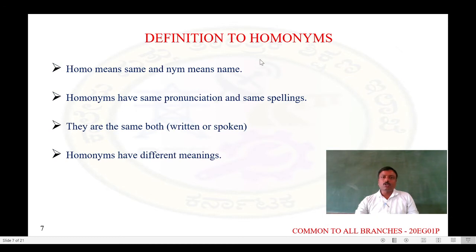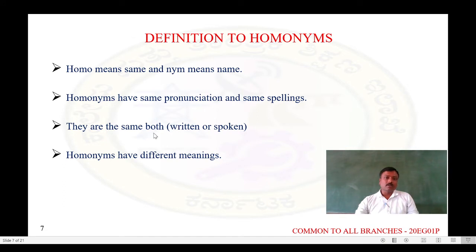Next, definition of homonyms. In the previous slide I have already explained the meaning of homonyms. Homo means same and nym means name. Homonyms have the same pronunciation and the same spelling.